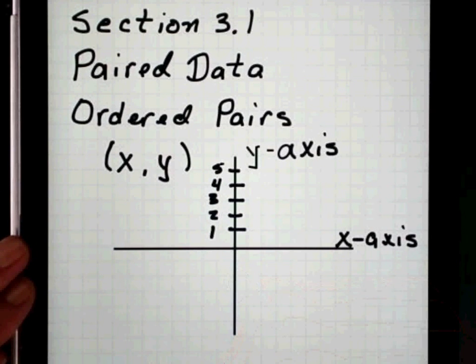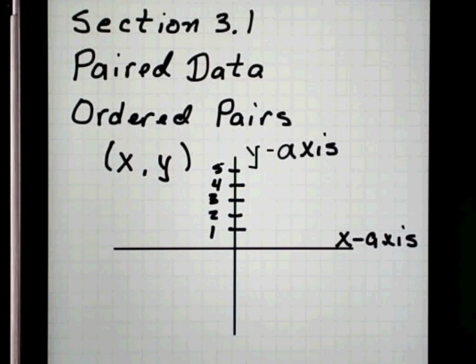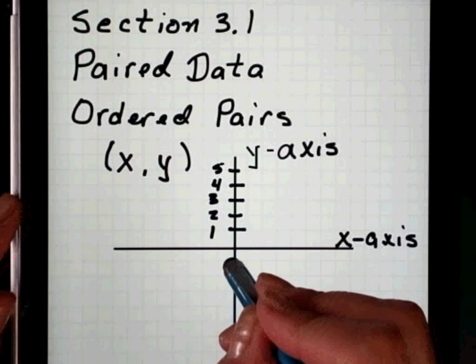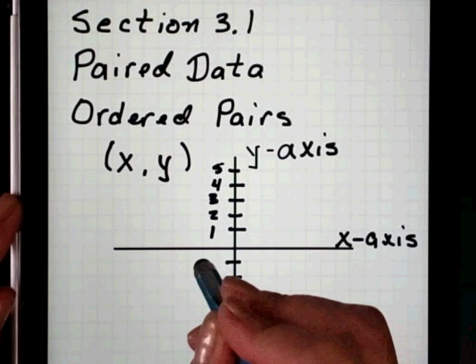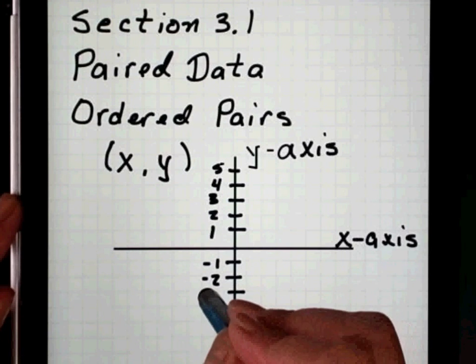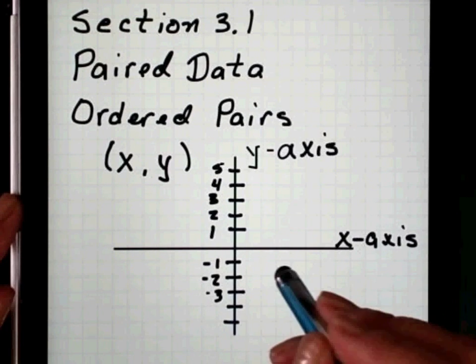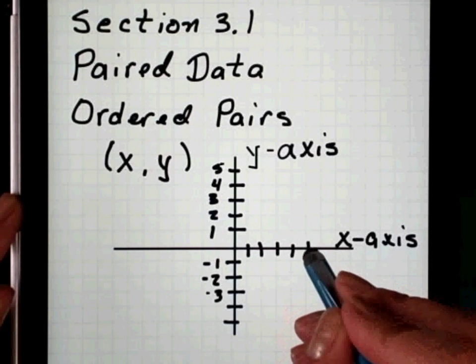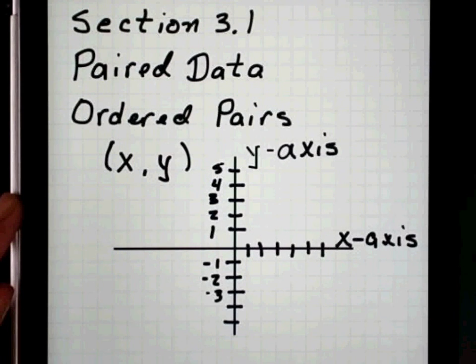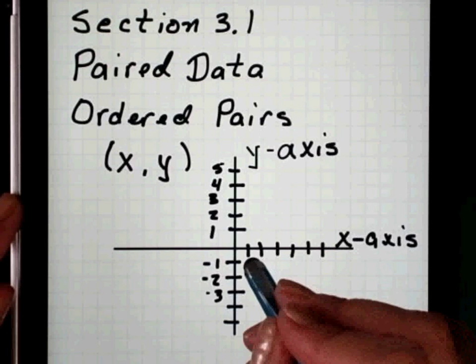On the y-axis, the top numbers are positive, the bottom numbers are negative: -1, -2, -3, and so on. On the x-axis, again, this is just a number line, so each tick mark represents one number.